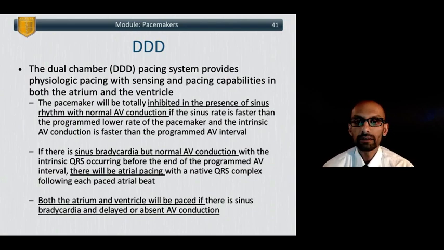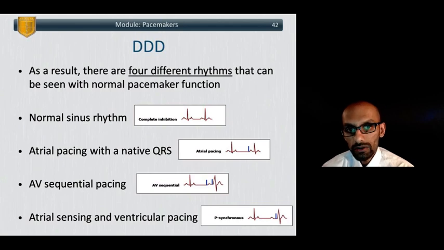It does virtually everything. So, with DDD programming, there's 4 possible permutations that you can get. With normal sinus rhythm, you have complete inhibition. This is the patient's own native rhythm. If a patient has sinus dysfunction but intact AV nodal function, the pacer will just pace the atrium right here, and the patient's ventricle will do their own thing.